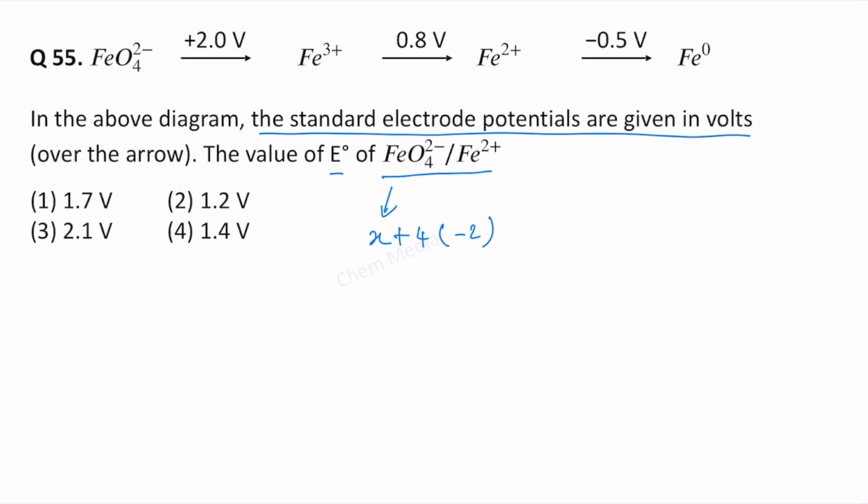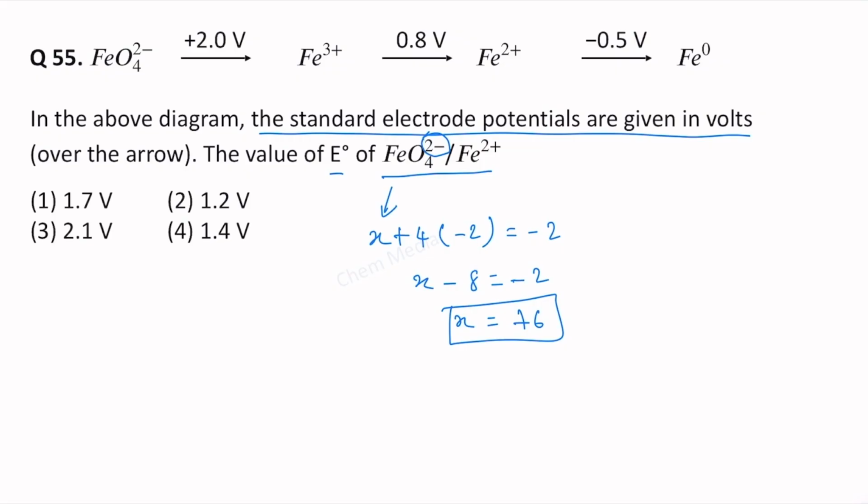Therefore 4 times -2, that is equal to -2 because the net charge given here is 2-. Therefore x minus 8 equals -2. Therefore x is equal to +6. Therefore the oxidation state of Fe in FeO4 2- is +6.